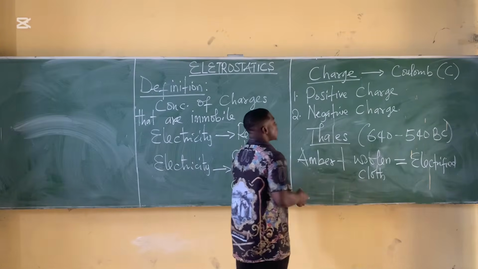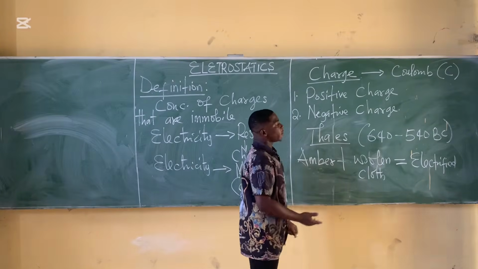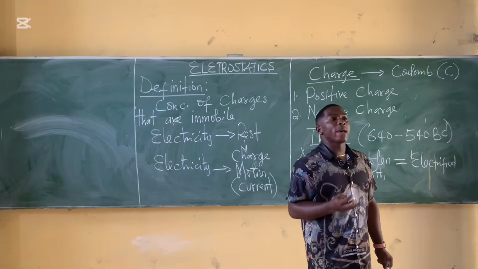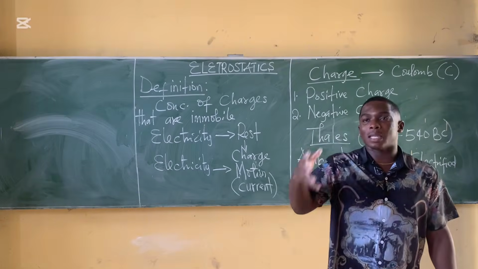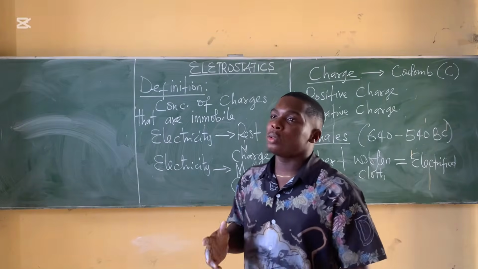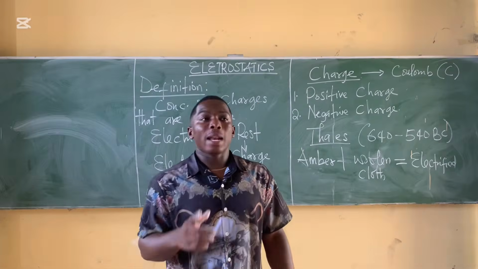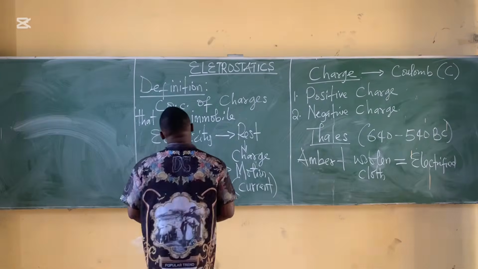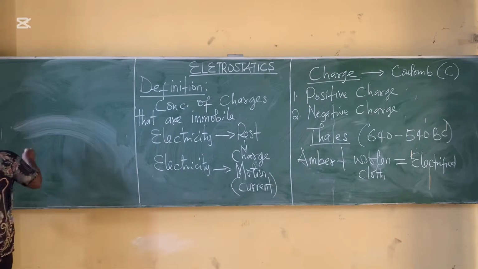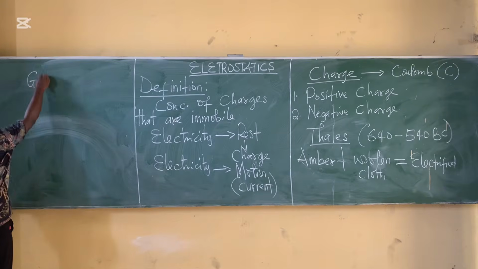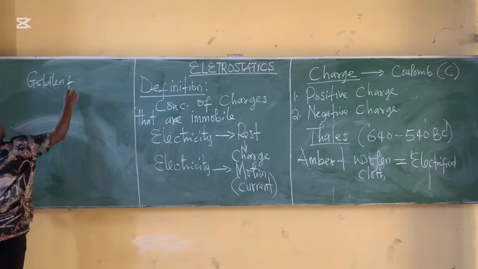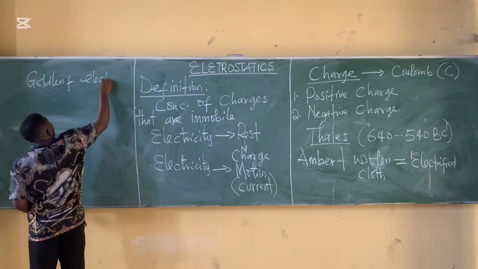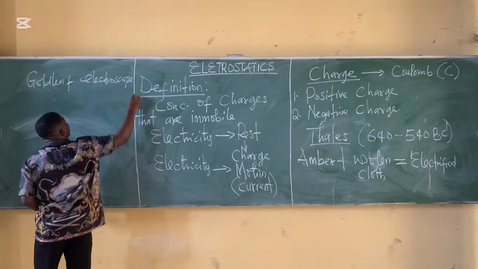Alright, so since we looked at the discovery of charges, the instrument that is used to detect charges is called an electroscope. An electroscope is the instrument used to detect charge, but the accurate instrument is called a gold-leaf electroscope.